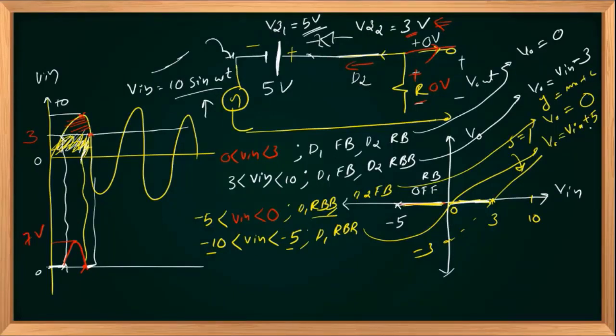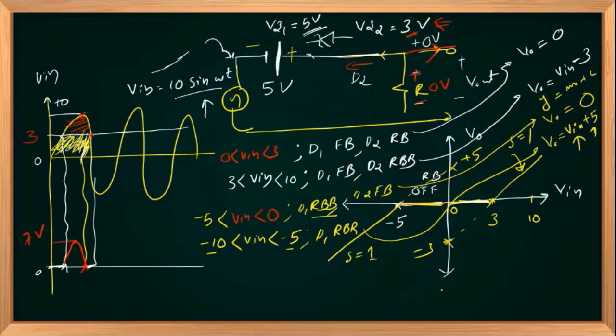So y-intercept is plus 5. So this is positive 5. Initially it was -3. And slope is nothing but 1 itself. So slope is equal to 1. Input is negative, output is also negative.